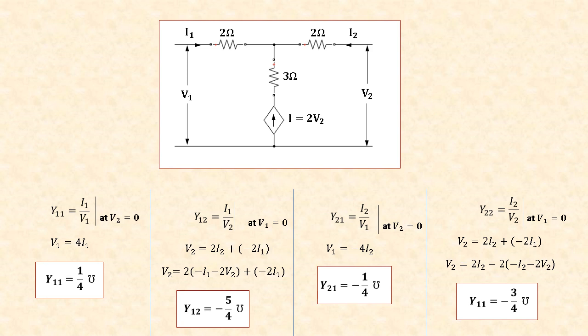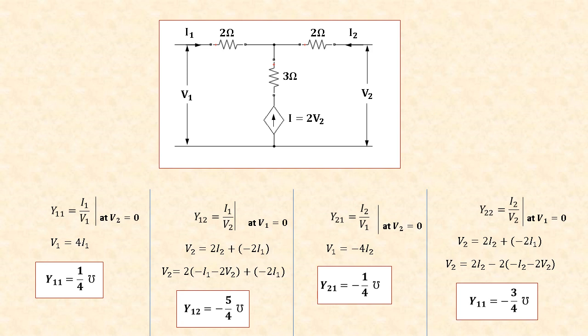Next, Y12 is equal to I1 by V2 at V1 is equal to 0. That is, the first port is short circuited. Now, the second port voltage V2 can be given by 2 into I2 plus minus 2 into I1, since the 2 ohm and 3 ohm will be parallel with each other, they have the same voltage.